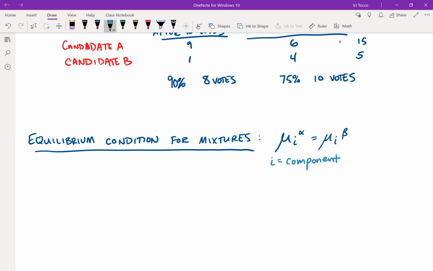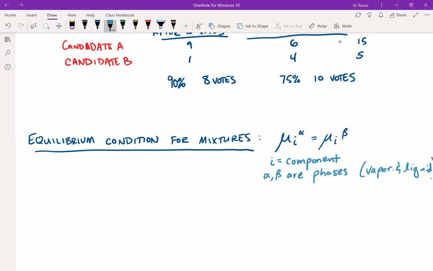So for a two-component mixture, that would be the two components. And then alpha and beta are phases. So commonly when we're talking about phase equilibrium, we'd say vapor and liquid, for example. Right, so the chemical potential of a component is going to be equal in both phases.